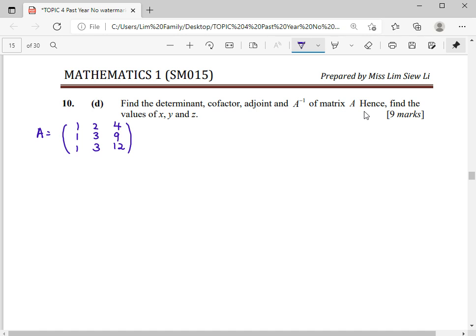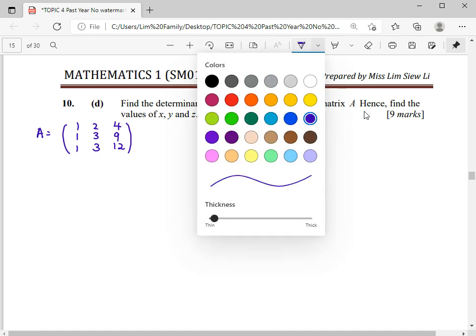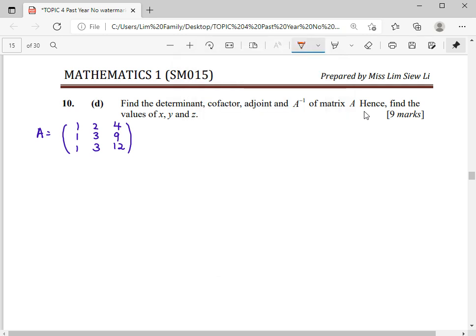So this is our matrix A in brackets. Our tasks here are to find determinant, cofactor, adjoint, and A inverse. That is 4 tasks, then the last task is to find X, Y, Z.